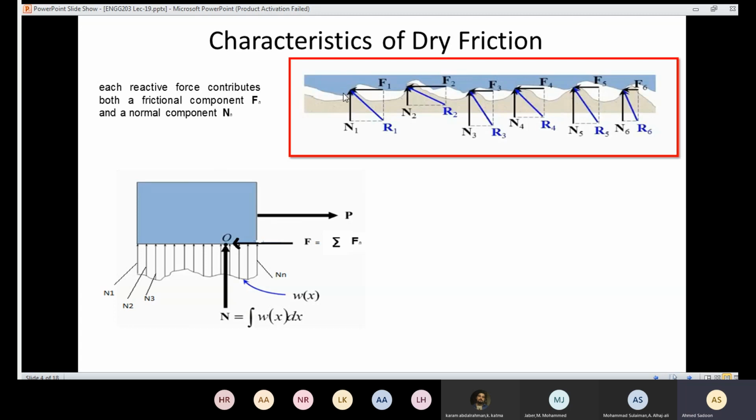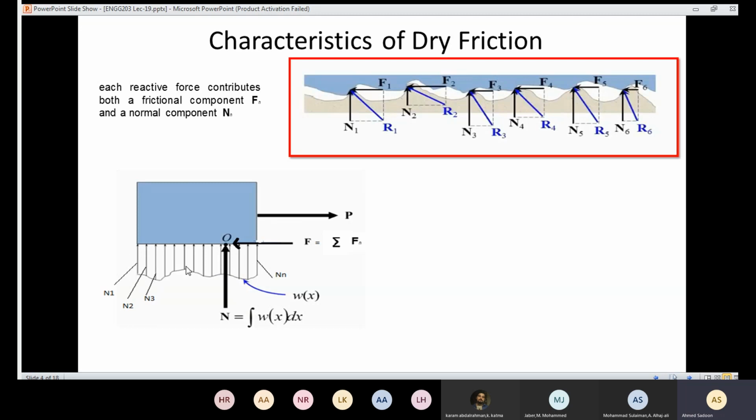And as you can see here, the value of the normal force here is not like there, is not like there. So I'm not going to have uniformly distributed forces. The forces are going to be different at each point.